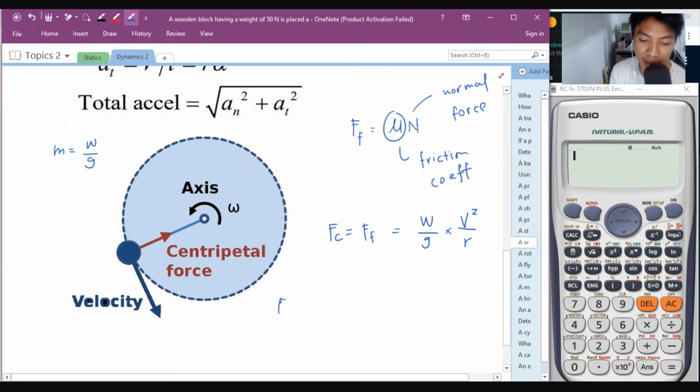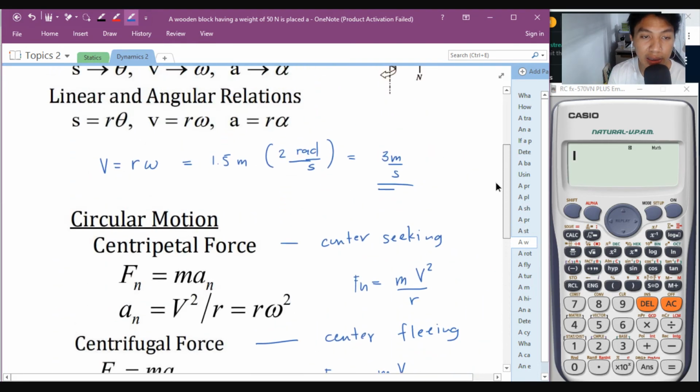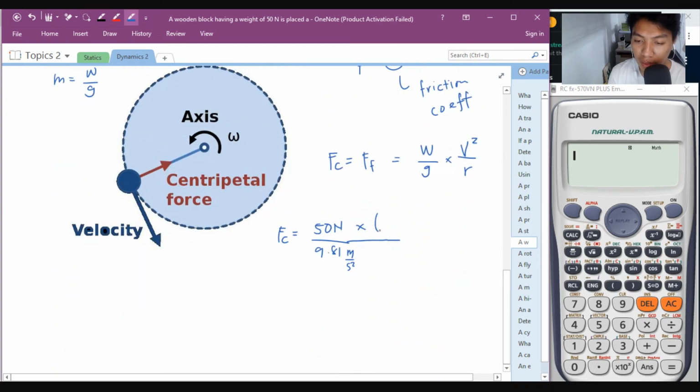So FC is equal to the weight, 50 newtons for the block, divided by 9.81 meters per second squared, times the velocity, 3 meters per second, squared, divided by R, which is 1.5 meters.